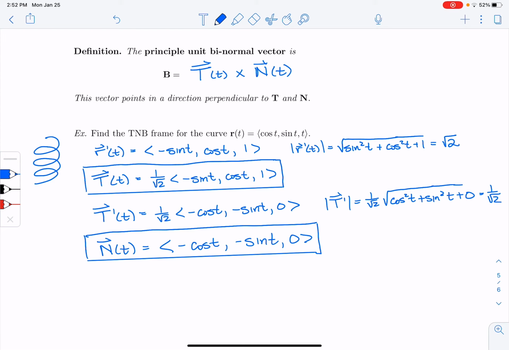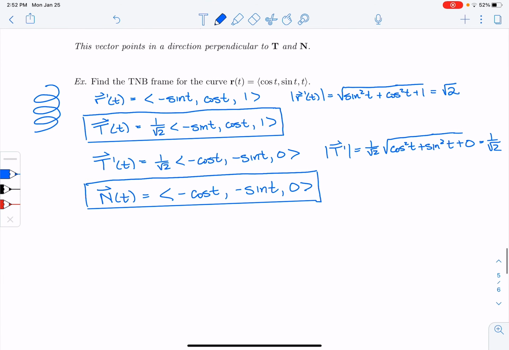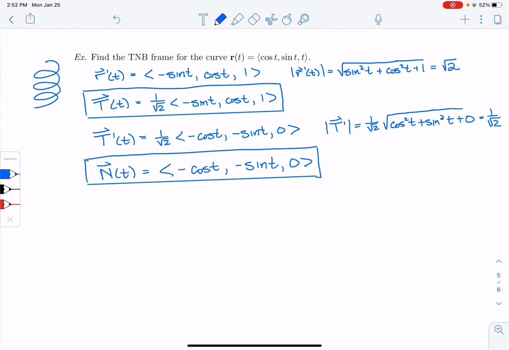And now, to find the binormal vector, I need to take the cross product. Okay, so I'm going to do T cross N. So this is going to be the cross product of negative sine t, cosine t, and 1, and in fact, I'm going to take the 1 over square root of 2 and leave it on the outside there.